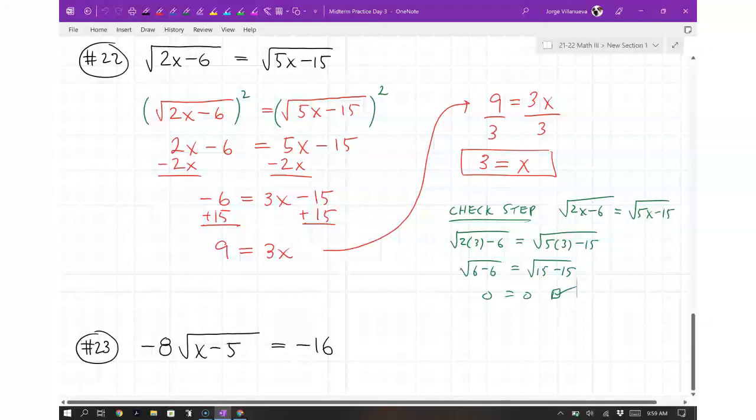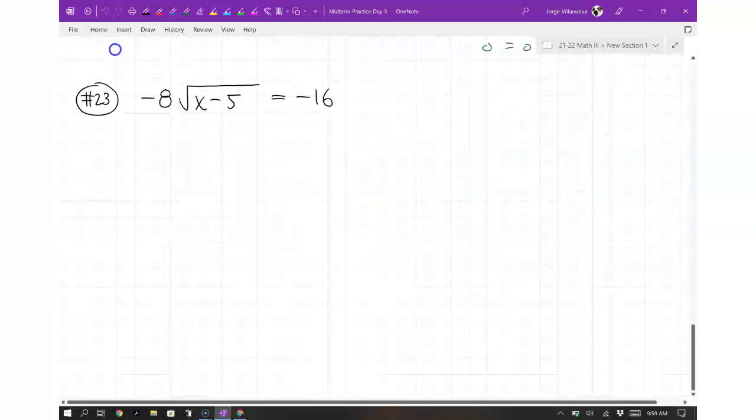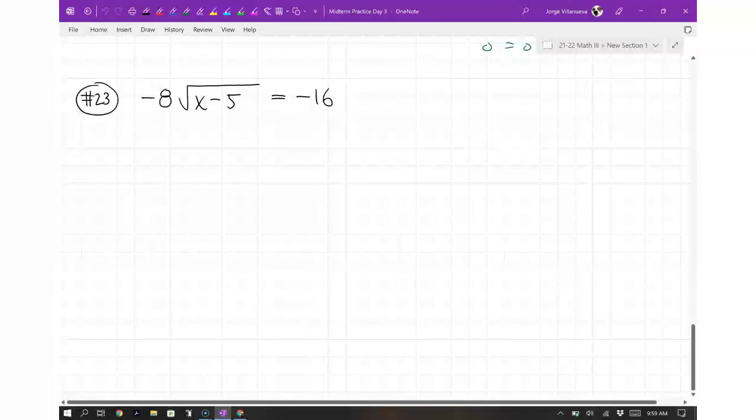All right, so let's go to the last one, then we're done. All right, what's my first step in this one? Let me rewrite this. Negative 8 square root of x minus 5 equals negative 16. What do I have to do?